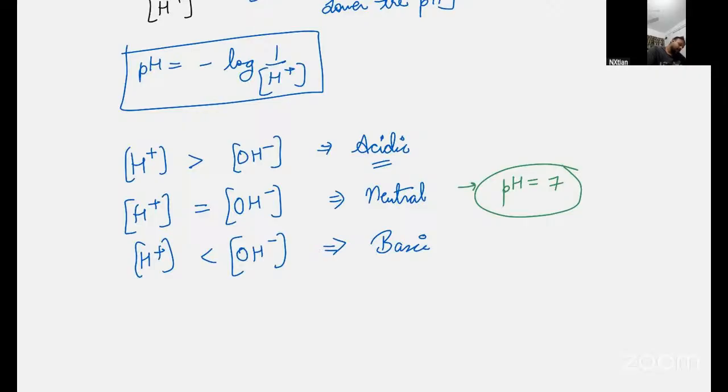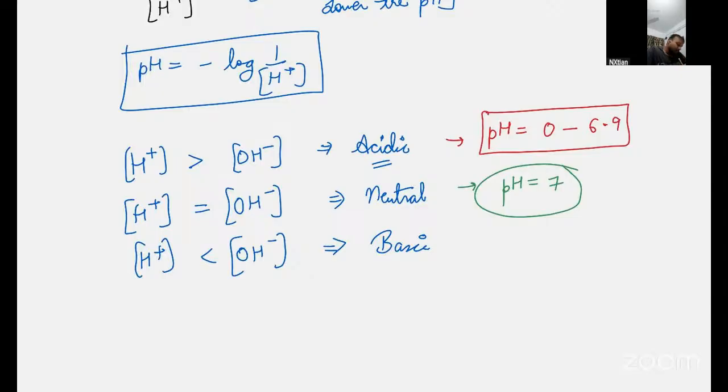I'm making it red. The pH value from 0 to 6.9 comes under the acidic solution. 6.9 is slightly acidic, 0 is most acidic.